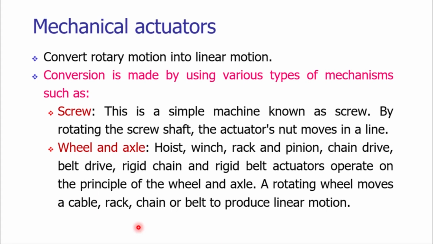In wheel and axle arrangement, we are rotating the wheel, and that rotation of the wheel may be a manual rotation, and that manual rotation would be utilized to have the linear motion of its links. That link may be a cable or a rack or a chain or a belt.